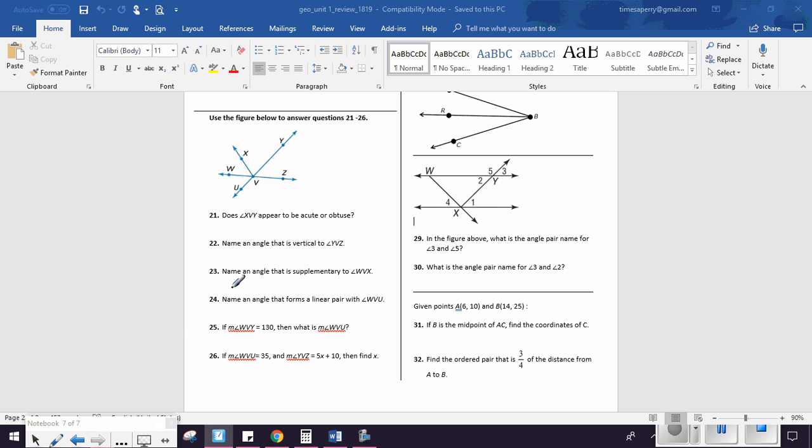For 23, it wants us to name an angle that is supplementary to WVX. Supplementary means that it adds to 180 degrees, so together they should form a perfect line. WVX is our first one.